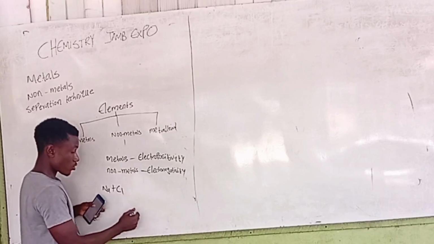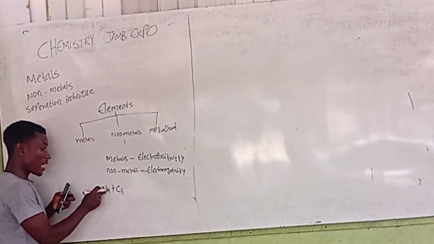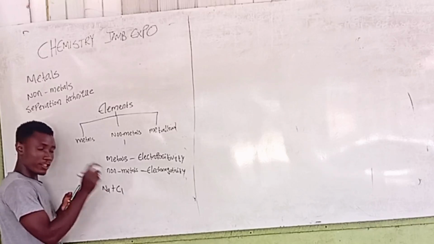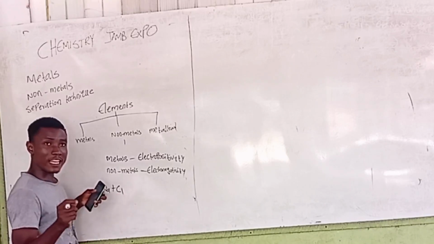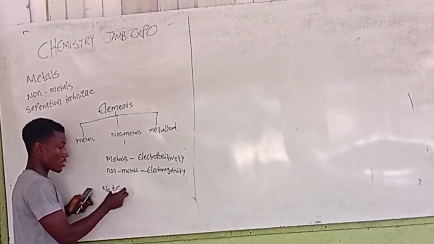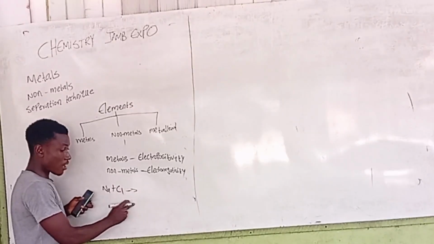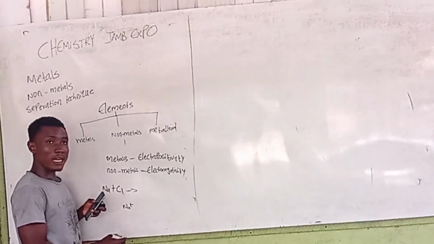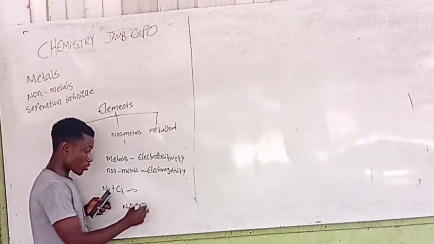So when you go into the orbital feeling, you find that the sodium, which is a metal, has an extra electron, and the chlorine, which is a non-metal, needs an extra electron for it to become balanced. So in this case, our sodium giving out one electron to chlorine becomes plus, and our chlorine, which is collecting this electron, becomes minus.